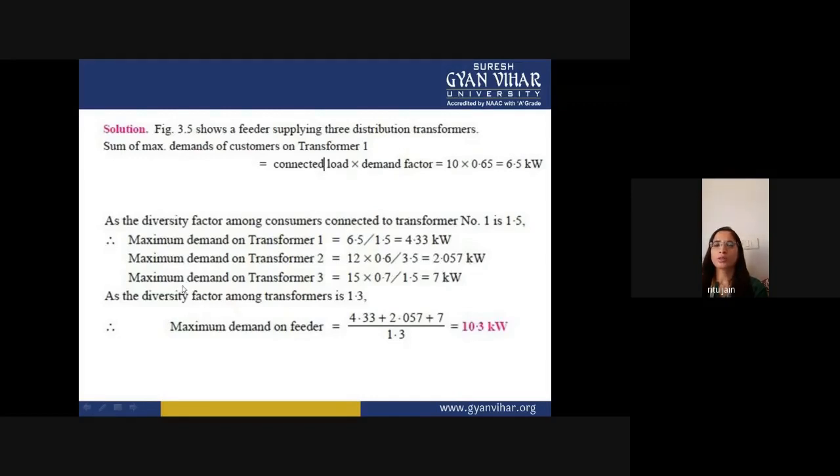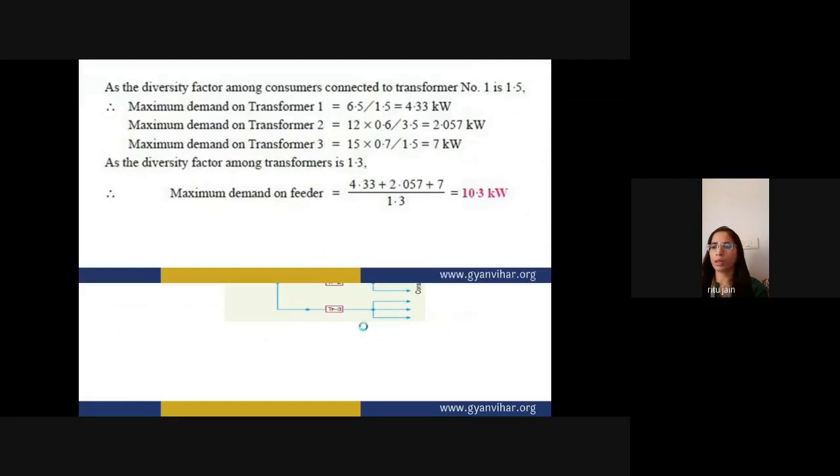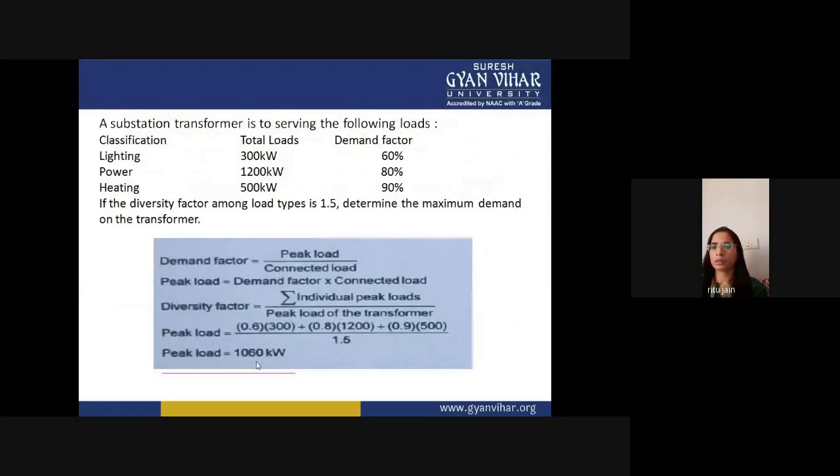Again, for the third transformer, you can calculate the maximum demand on transformer 3 by the same formula. You will get 7 kilowatt. So the diversity factor among transformers is 1.3. Now the maximum demand on the feeder can be calculated by this formula, which is equal to the sum of individual peak loads divided by the diversity factor.